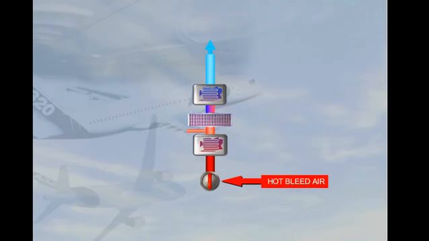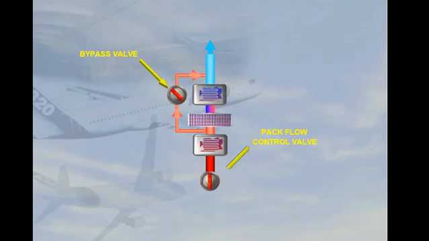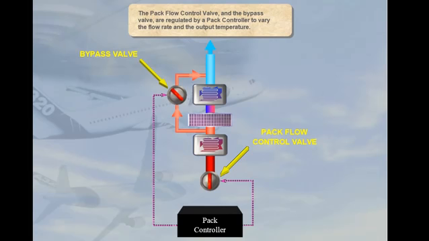So that the output temperature of the pack can be adjusted, a bypass valve is fitted. This valve allows warmer air to be mixed with the cold air. The pack flow control valve and the bypass valve are regulated by a pack controller to vary the flow rate and the output temperature.